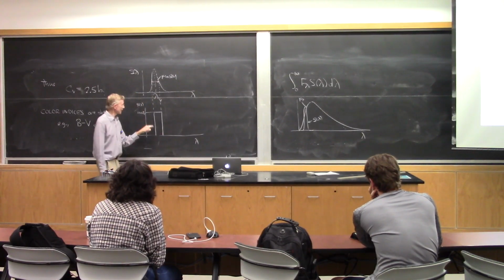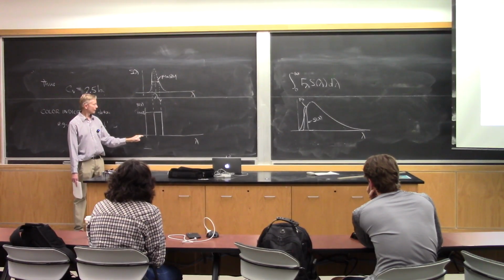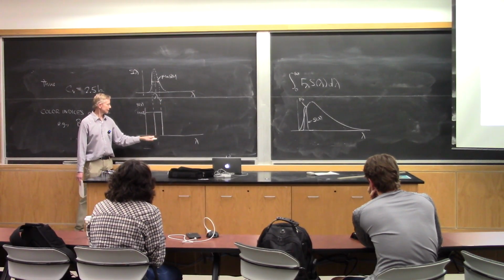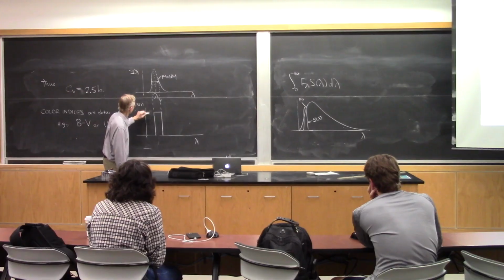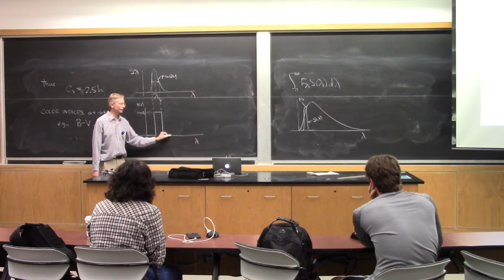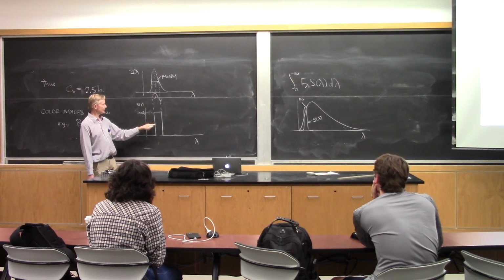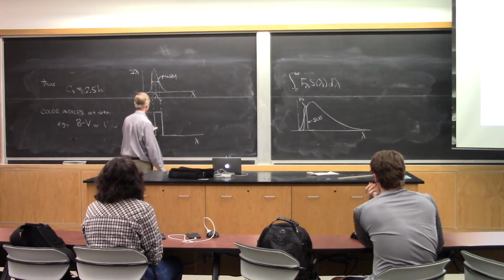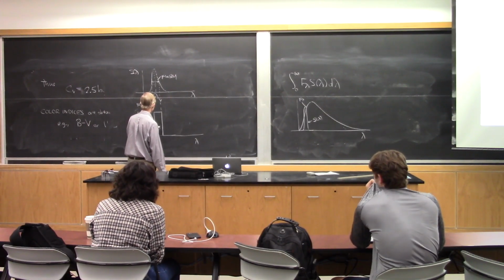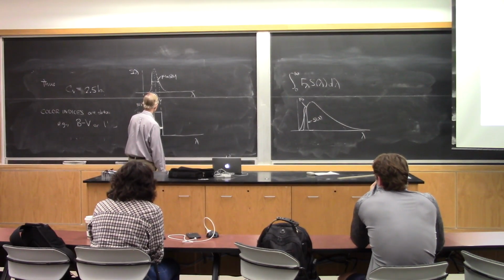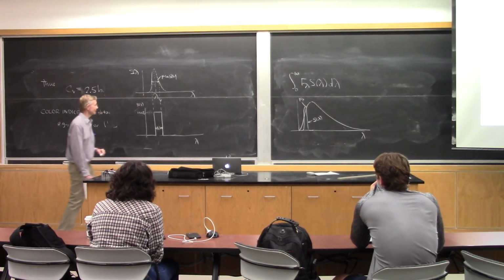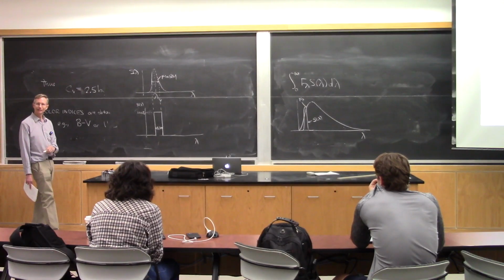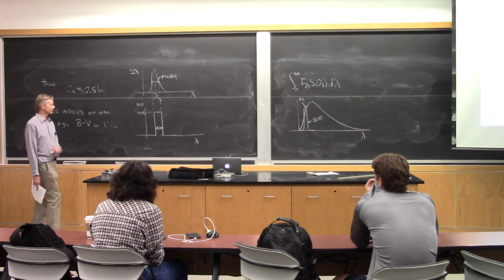So S of lambda is 1 over this range of wavelengths from here to here, and 0 everywhere else. The book will call that the delta lambda for the filter, the range of wavelengths over which the filter is pretty good at transmitting light. So there's delta lambda and the central wavelength.